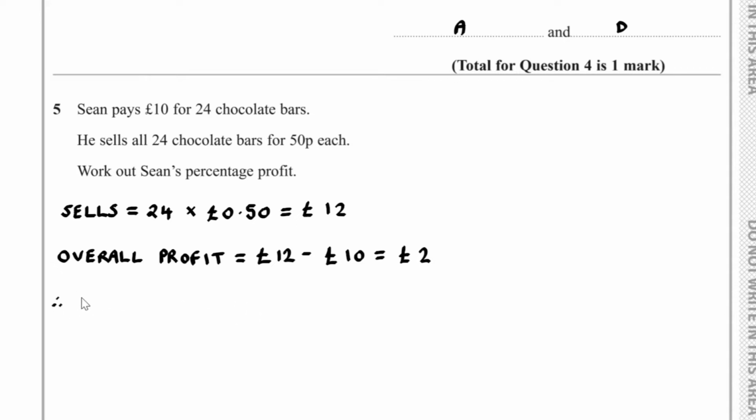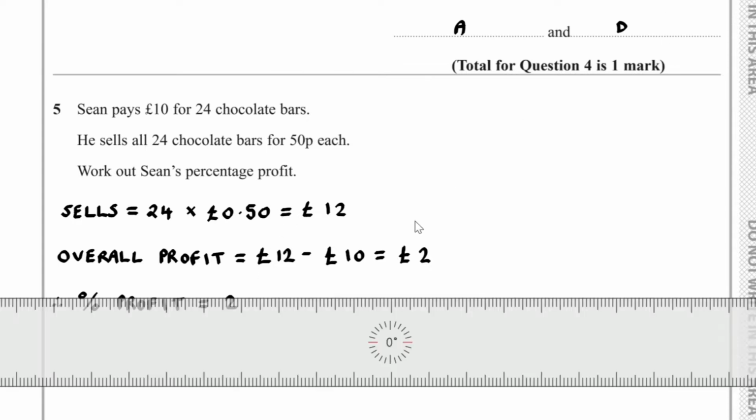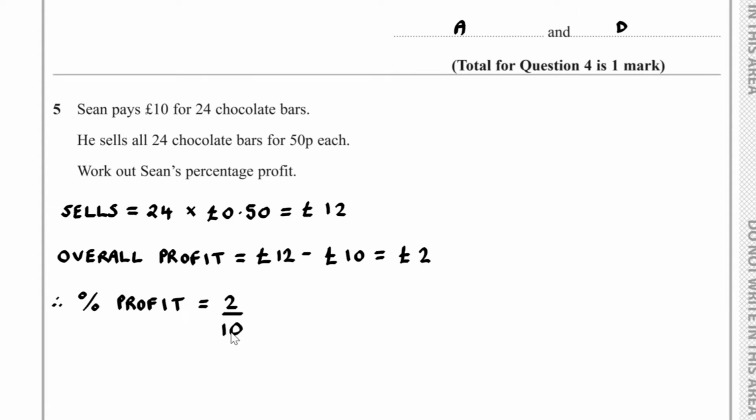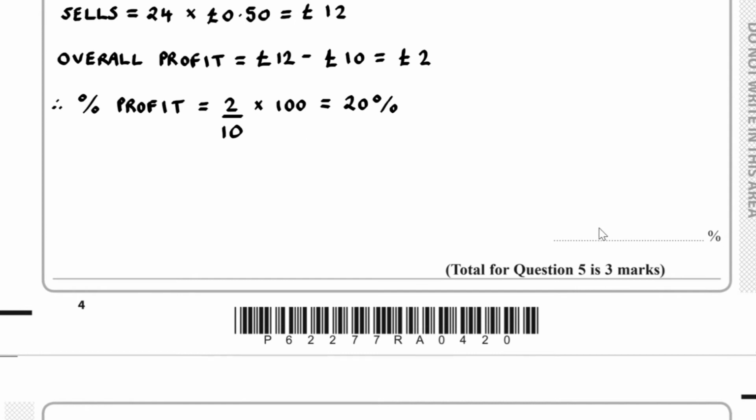And so therefore, his percentage profit is equal to 2 divided by 10 multiplied by 100. Of course, we have 20% as the percentage profit. So we have 20% for the overall percentage profit.